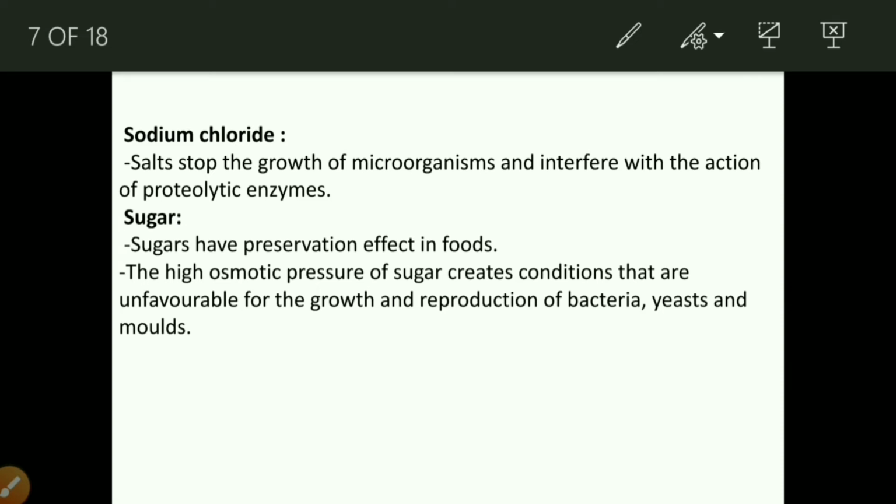Sugar has a preservative effect on food, and due to the high osmotic pressure, sugar creates a condition that is unfavorable for the growth and reproduction of yeast and bacteria. The salt binds the water and makes it unavailable for the growth of microorganisms in the foods. Therefore, it acts as a preservative. And also the sugar.